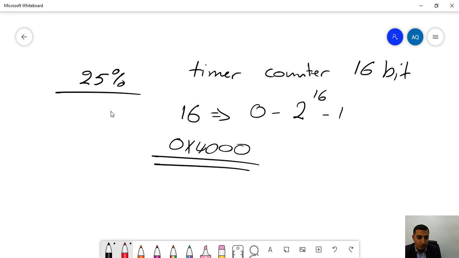So you will put the output compare register to the value 4000. But this is based on the frequency of the system.